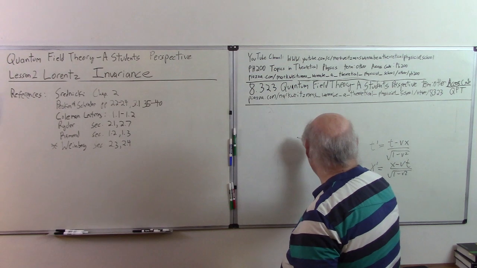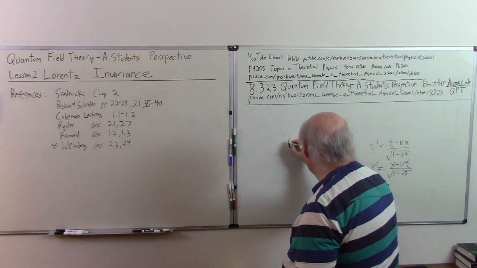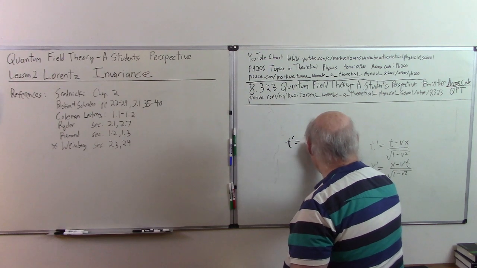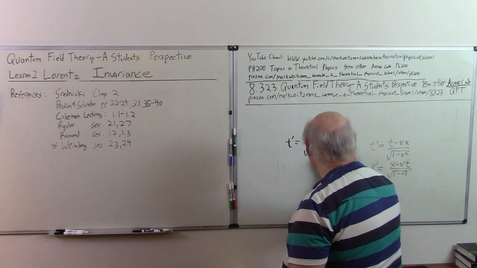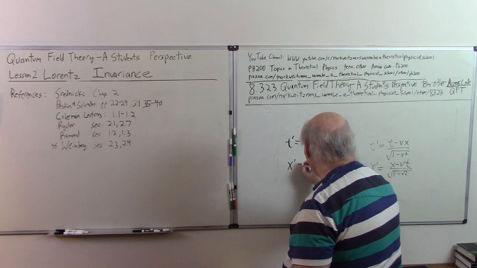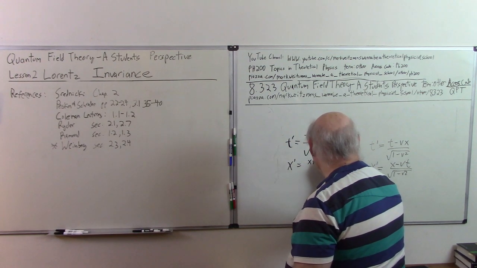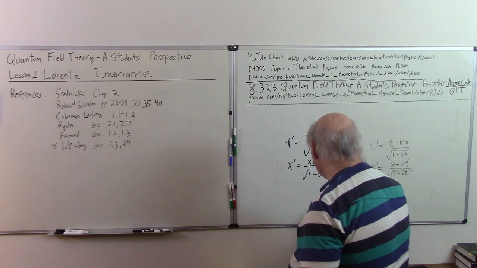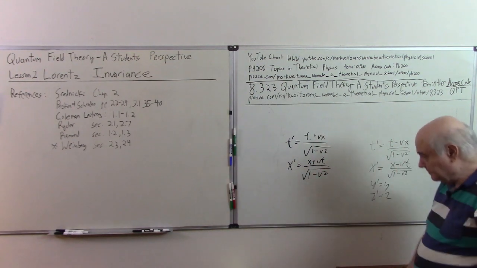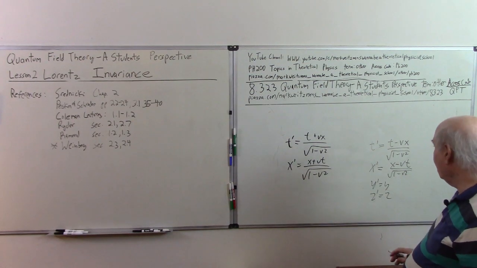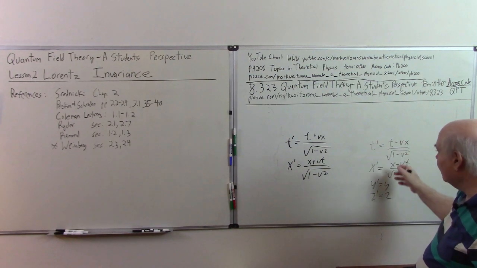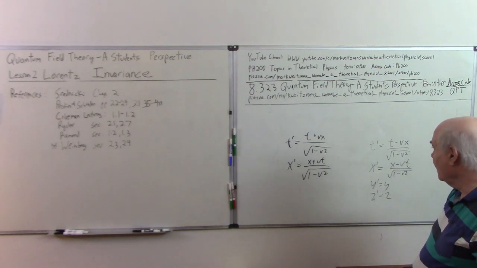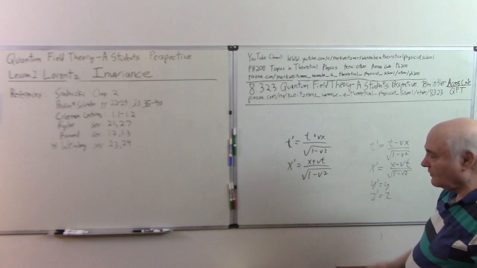You might see these equations written as t prime equals t plus v x over the square root of 1 minus v squared, x prime equals x plus v t over the square root of 1 minus v squared. Sometimes students get confused. They don't know whether there's a minus sign or a plus sign, and you should be able to figure it out. Obviously, they're inverses of each other.